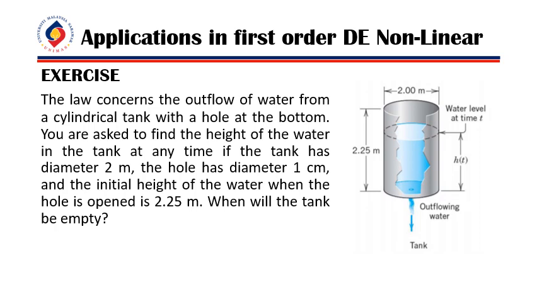You are asked to find the height of water in the tank at any time, if the tank has a diameter of 2 meters. The hole has a diameter of 1 cm.